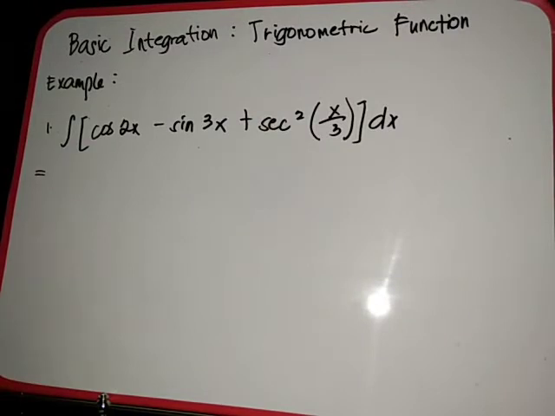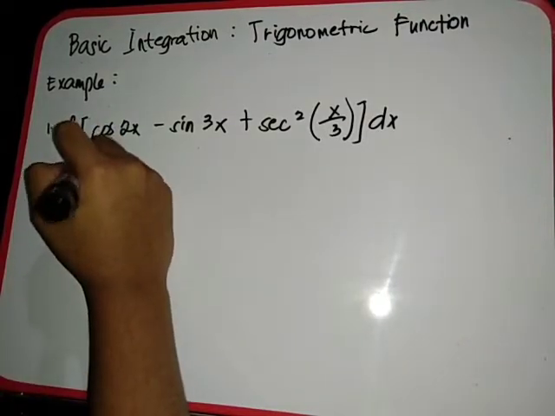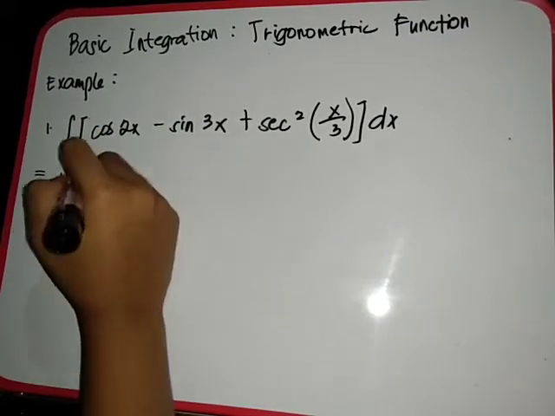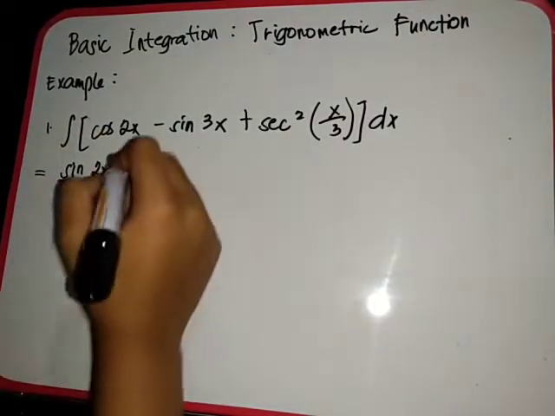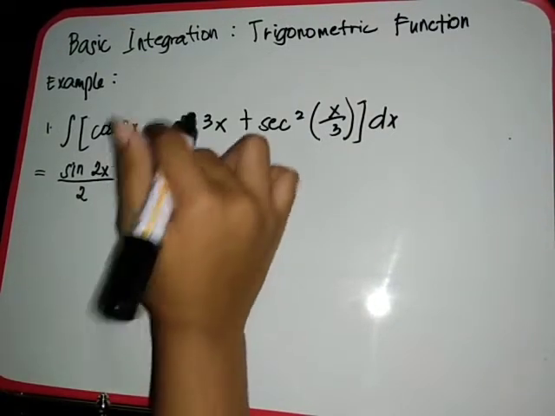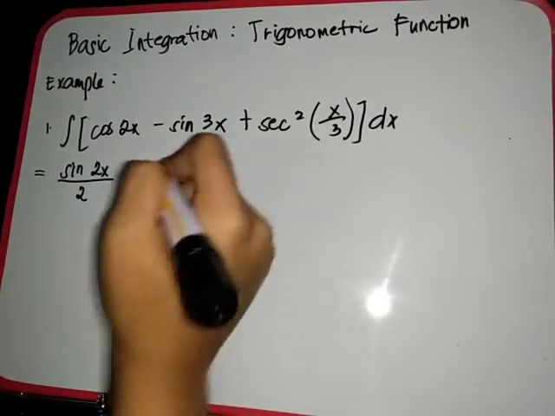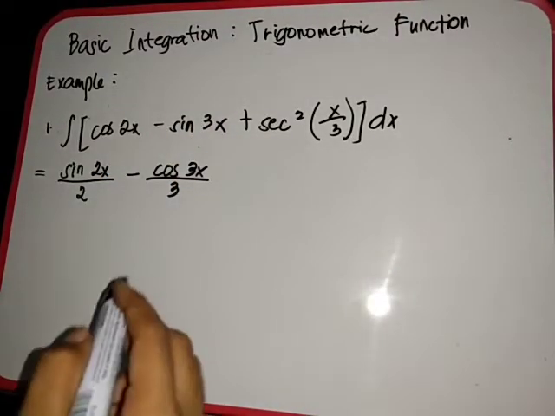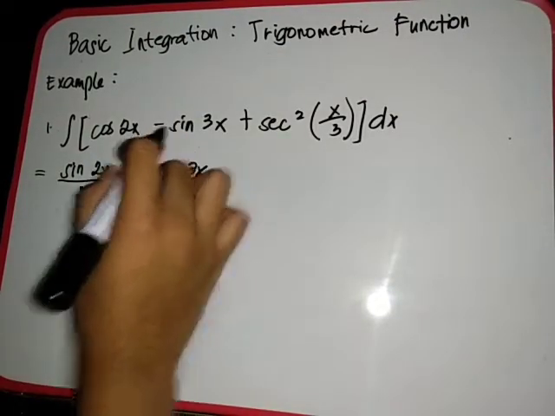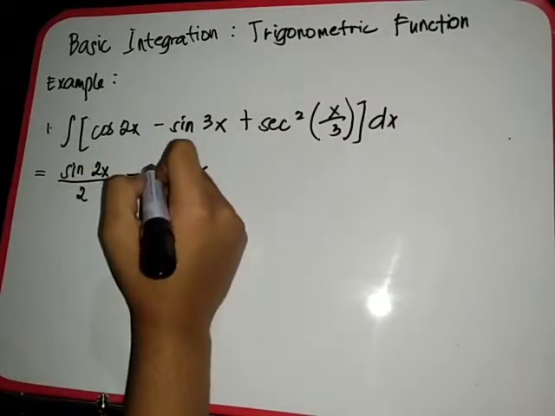So we have the integral of cosine, which is sine 2x over 2, minus the integral of sine, which is cosine 3x over 3. Oops, sorry. The integral of sine is negative cosine.